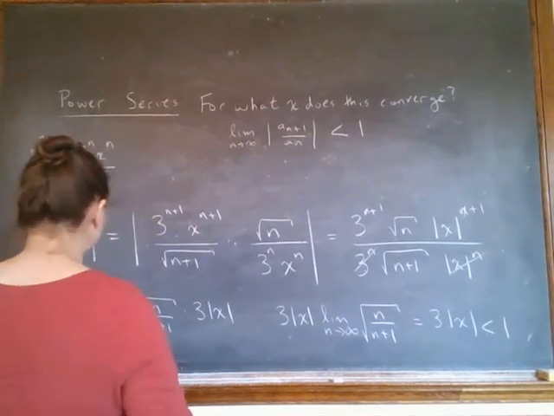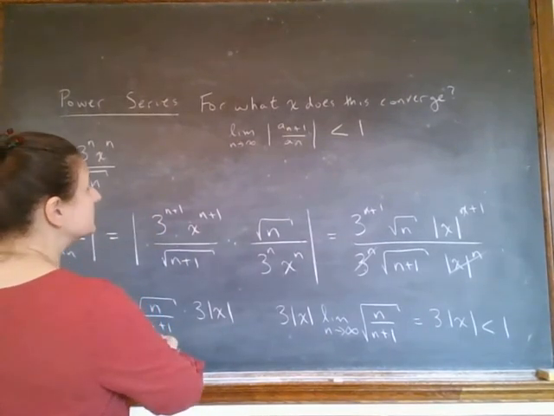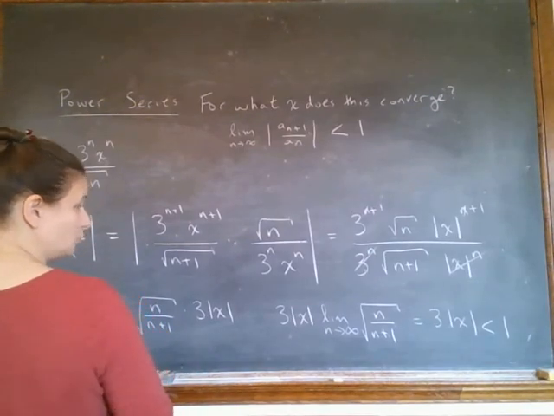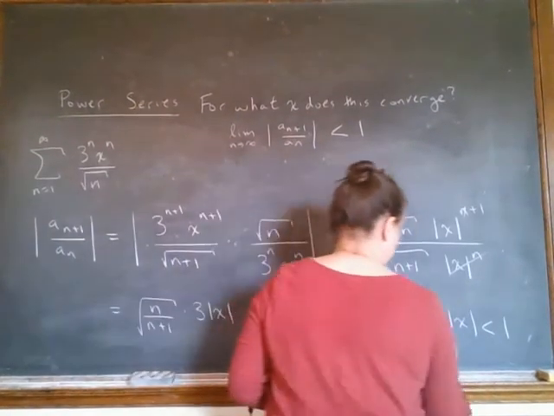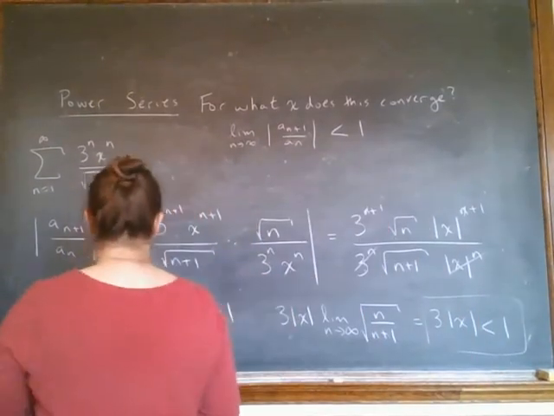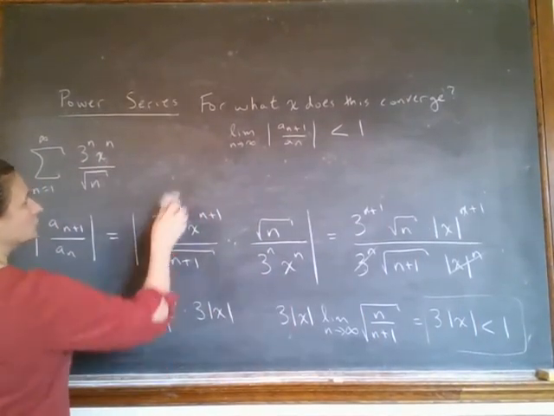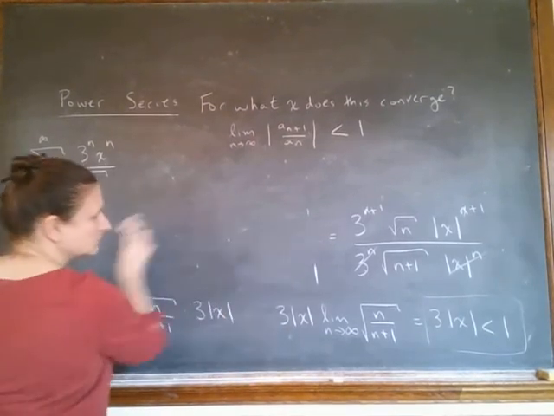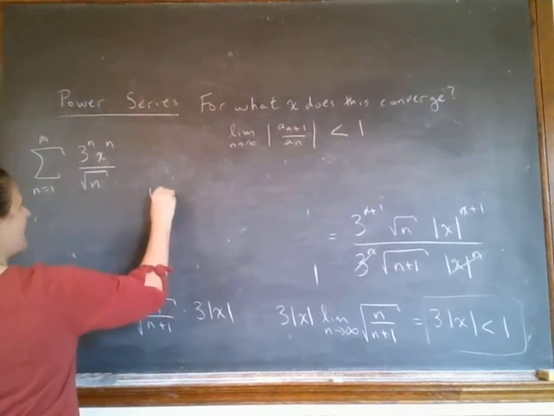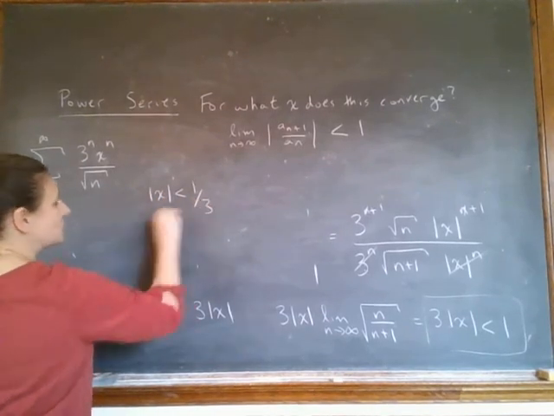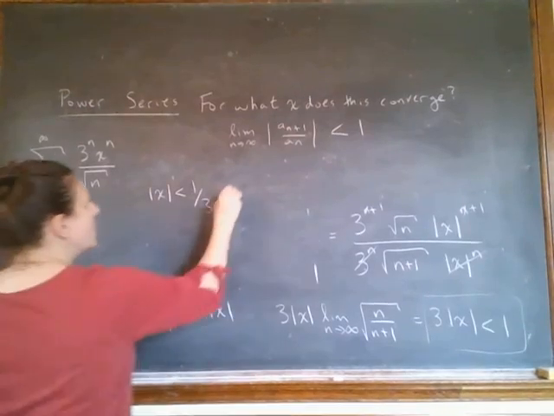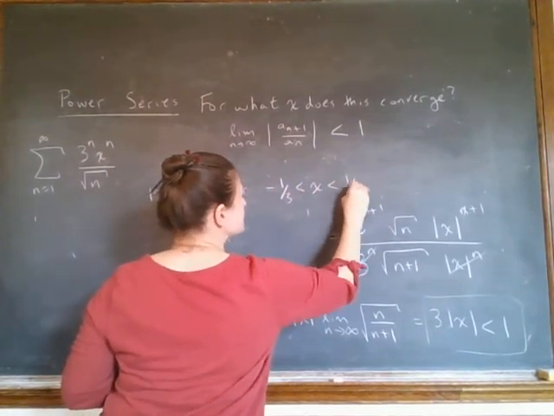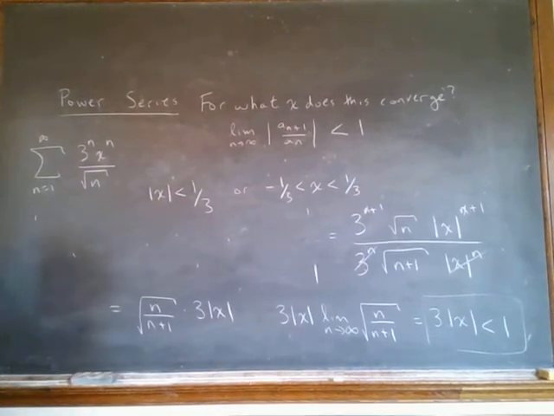Okay? So what I have is absolute value of x is less than 1/3, right? Or x is between negative 1/3 and 1/3.